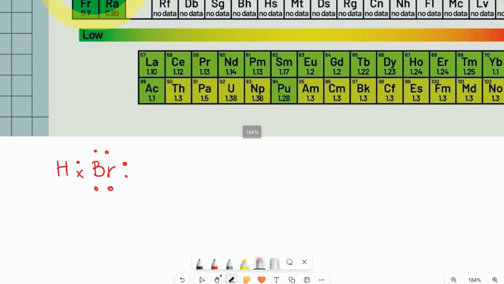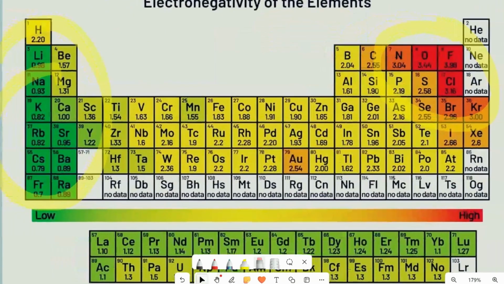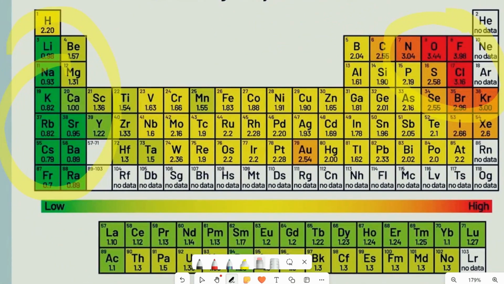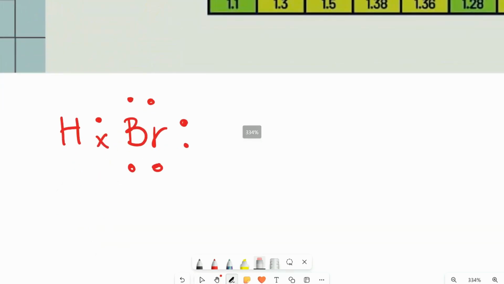But actually, this is not very accurate, because the bromine atom is so much more electronegative than hydrogen. Bromine will actually pull the electrons closer to itself. It's a bit selfish. If this was a tug of war, the rope would be closer to bromine. Bromine is stronger.